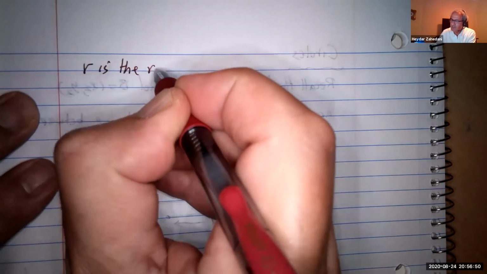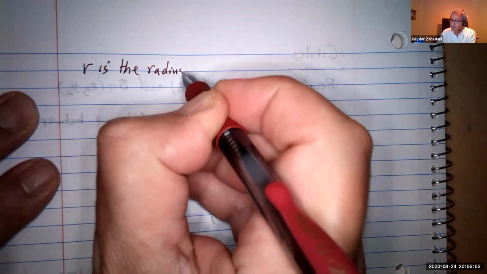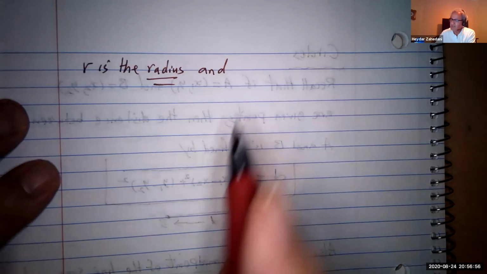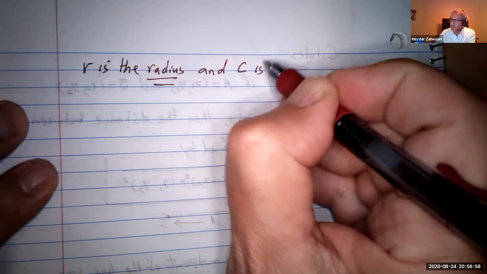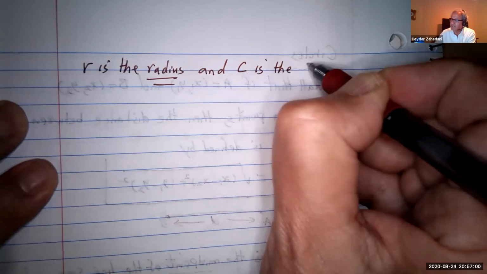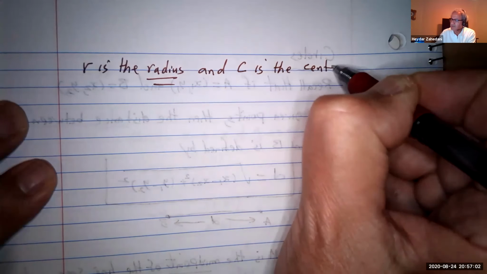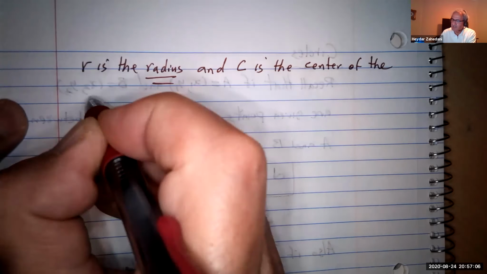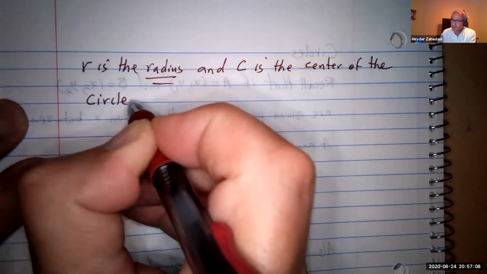So r is the radius, and C is the center of the circle.